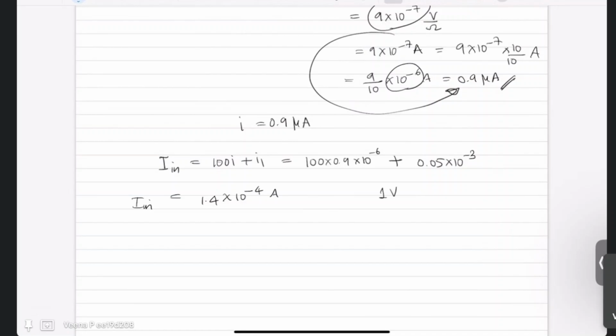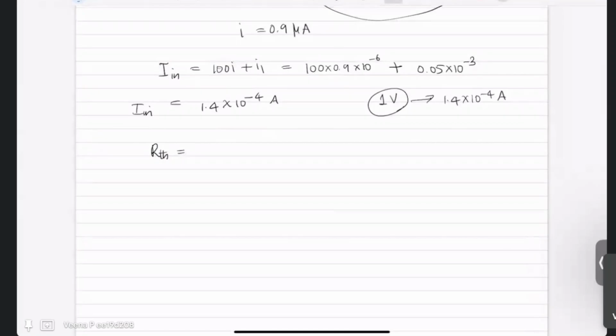So if I send 1 volt, the circuit will draw a current of 1.4 into 10 raised to minus 4 ampere. That means your resistance RTH is 1 divided by 1.4 into 10 raised to minus 4, which comes out to be 7142.85 ohms or 7.14 kilo ohms. This is how you solve this problem.